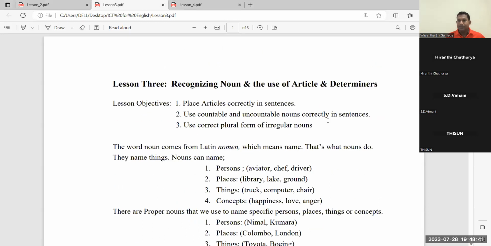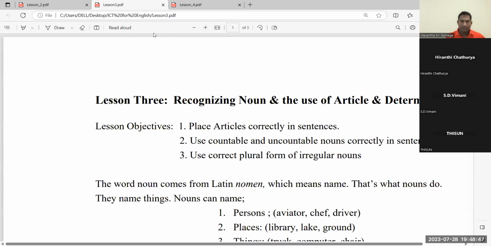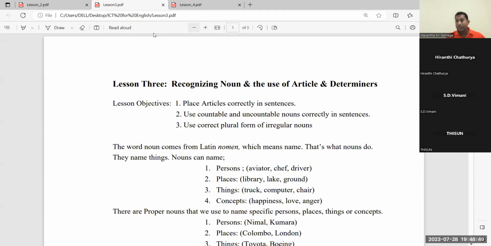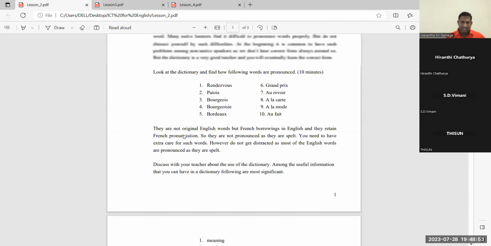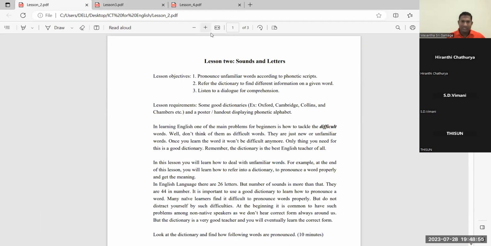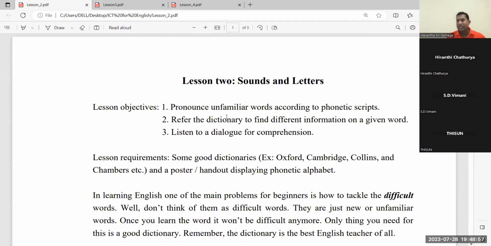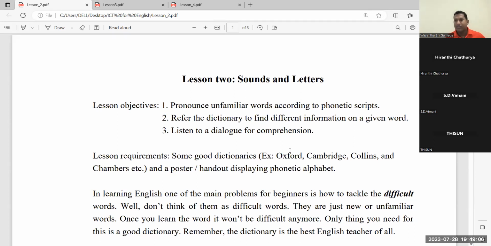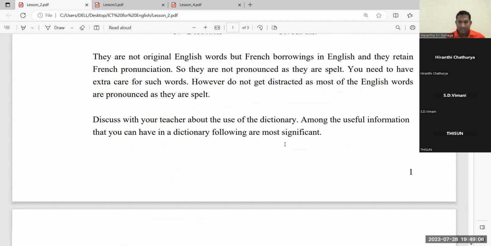Right here. Okay, now you can see this, right? Lesson 2 is almost about pronunciation and spelling, right? It's just an introduction. We'll do it later. Sound and letters mean how to pronounce words correctly and how to write words correctly. It's just an introduction, right? It will not be coming to the examination as well.